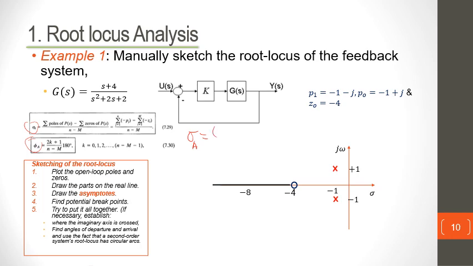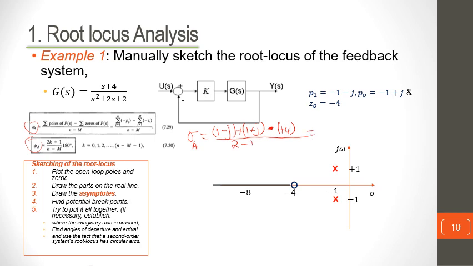So we sum minus P1 minus P0, which is going to be 1 minus j, plus 1 plus j, minus the sum of all negative zeros, minus negative 4, right? So we say minus the negative of the zero, so this becomes positive 4, and divided by n minus m. n is the number of poles, m is the number of zeros.